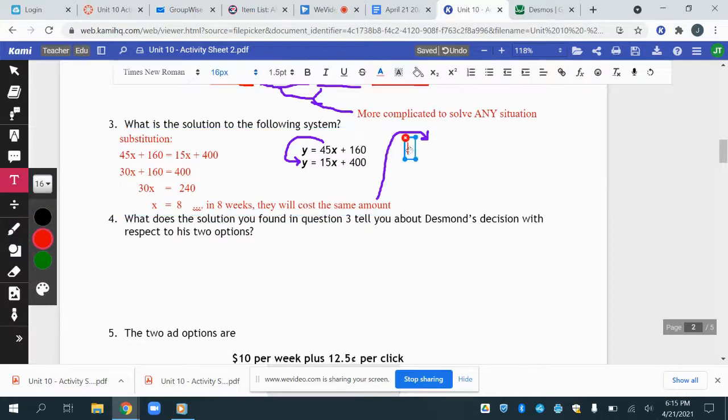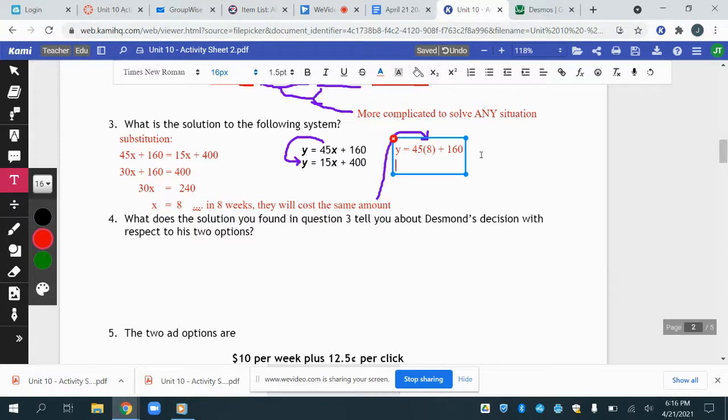It doesn't matter which one I pick. I'm going to say y equals 45 times 8 plus 160. 45 times 8 is, oh gosh, 4 times 8 is 32, plus 5 times 8 is 40, 360 plus 40 is 400.